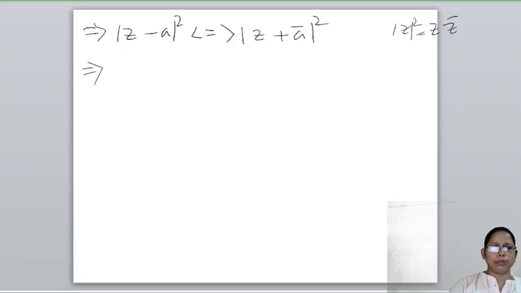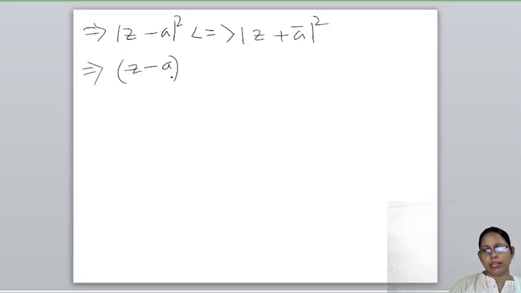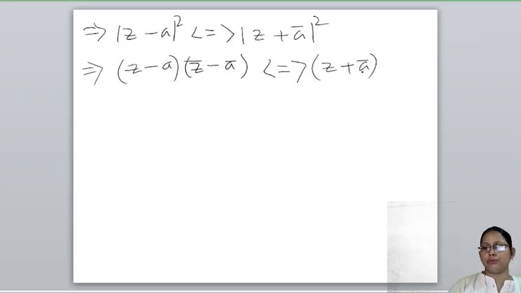So using this property, we will get (z − a)(z̄ − ā) less than, equal to, greater than (z + ā)(z̄ + a), since the conjugate of the conjugate gives the number a back.